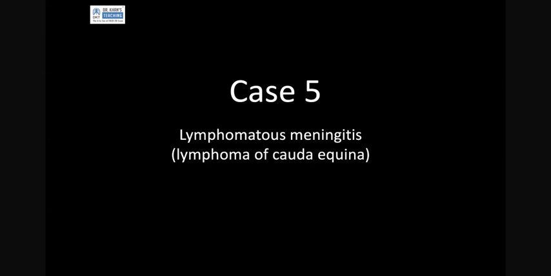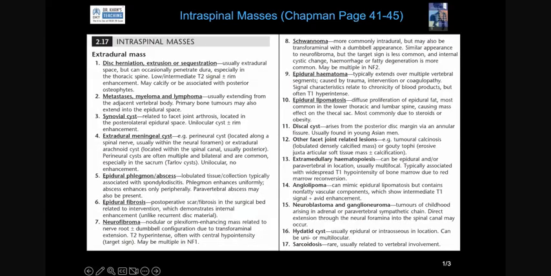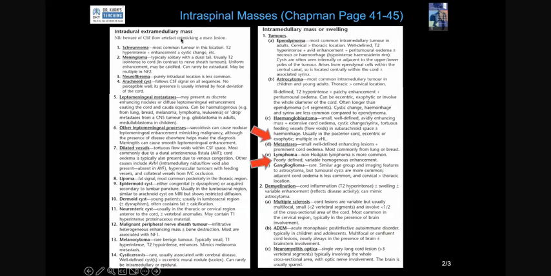So as I told you, I'm not expecting you to say that this is lymphomatous meningitis. You just have to give me a differential diagnosis. Now, in your book, there is this differential 2.17, intraspinal masses. First is extradural masses, then intradural extramedullary masses, then intramedullary mass or swelling.